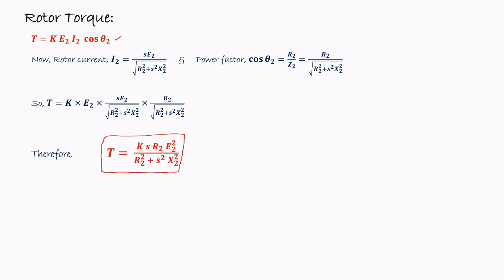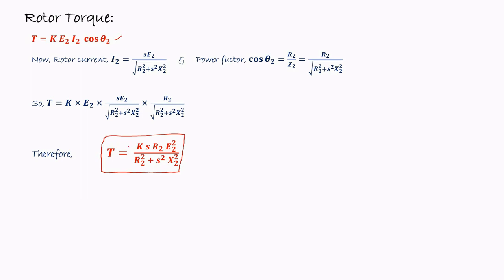Here K is the proportionality constant, S is the slip of the induction motor, R2 is the rotor winding resistance, E2 is the induced EMF in the rotor per phase during standstill condition, and X2 is the rotor winding reactance per phase in standstill condition.